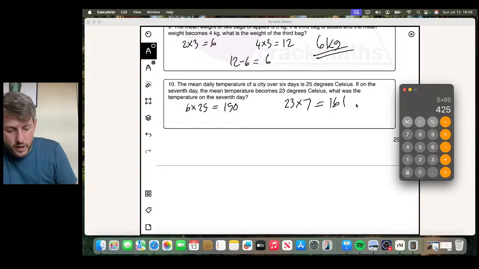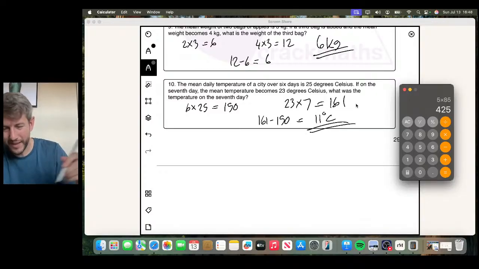So that will be 161 take away 150, and that will be 11 degrees Celsius. Okay, so it's a lot colder. I hope that's not what's going to happen.